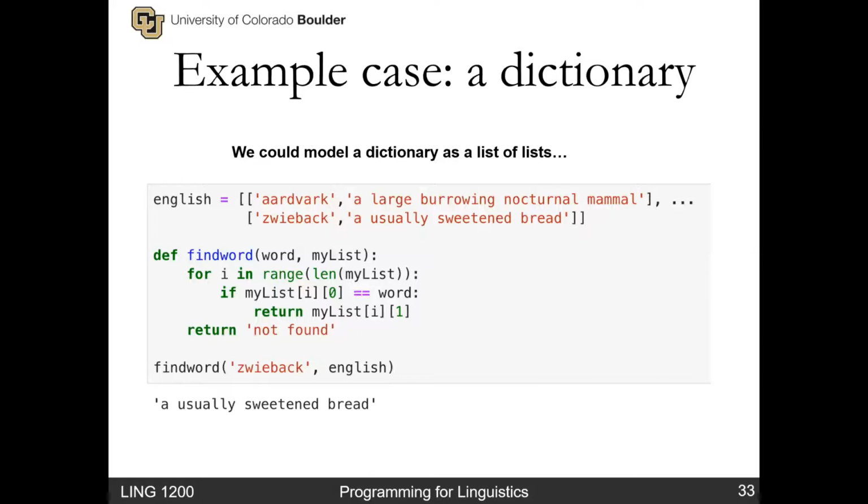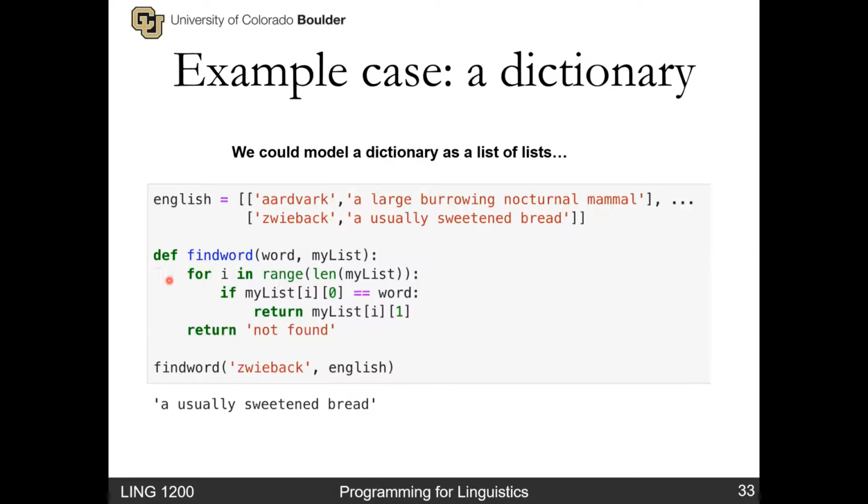If we want to search for a word and find its definition in this two-dimensional list, this is how we would need to do this. We can create a function called findWord with two arguments, word and then the list that has our dictionary.